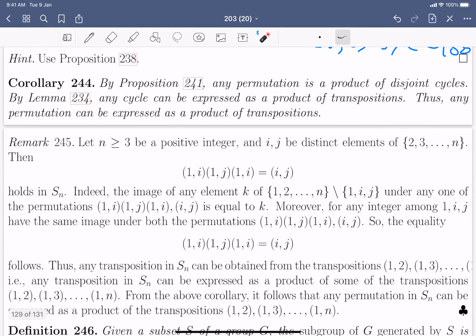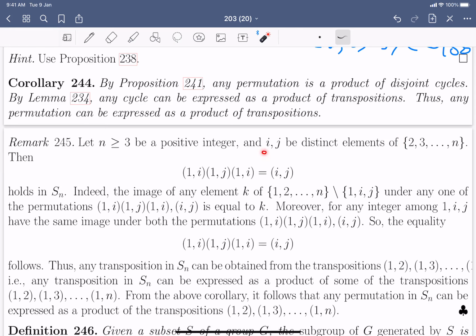Let's discuss a bit about transpositions. We start with a positive integer n at least 3, and we pick two distinct elements i and j from 2 up to n. This is important, this is not a typo. I did not mean to start with 1.